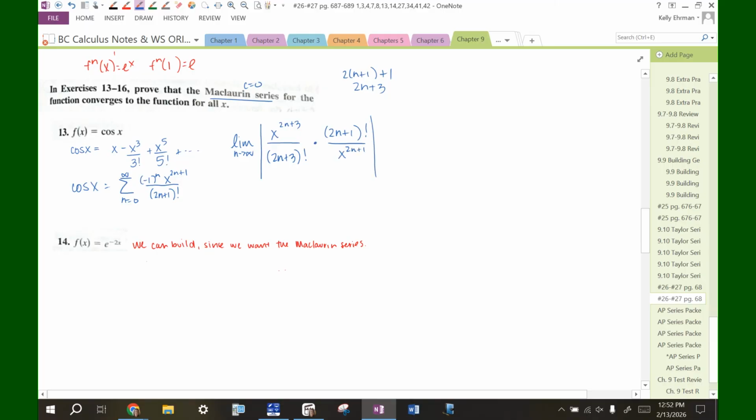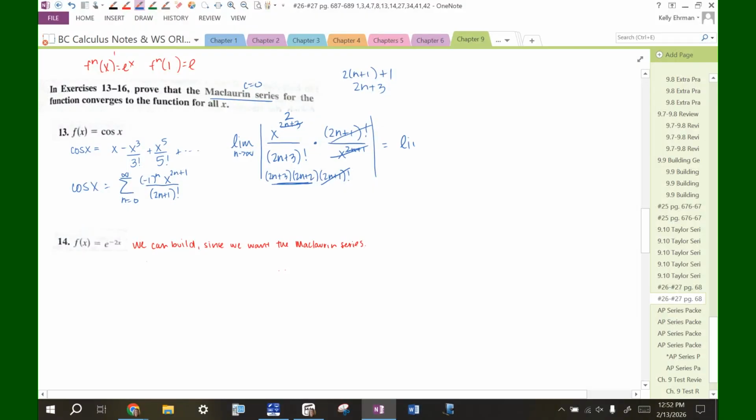Things should cancel when we're doing the ratio test. So 2n plus 3 factorial is 2n plus 3 times 2n plus 2 times 2n plus 1 factorial. So that's going to cancel. These will be left behind. Subtract these exponents. 2n plus 3 minus 2n plus 1 leaves you with 2.